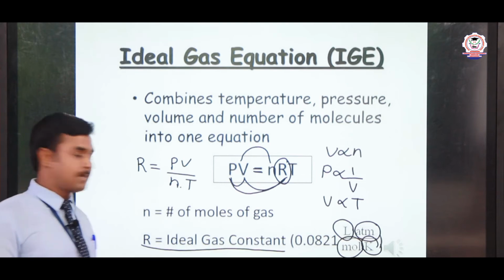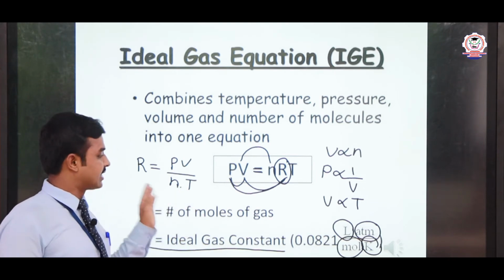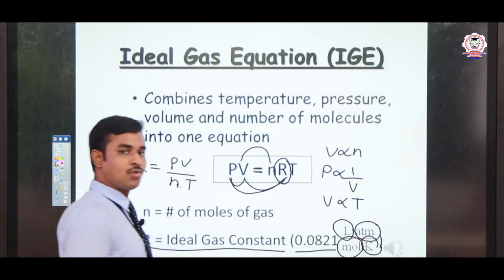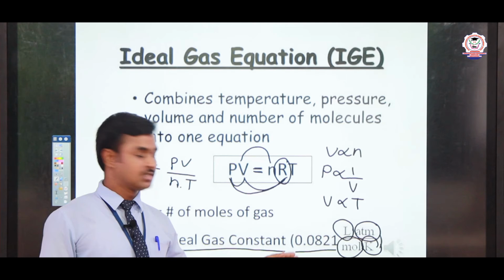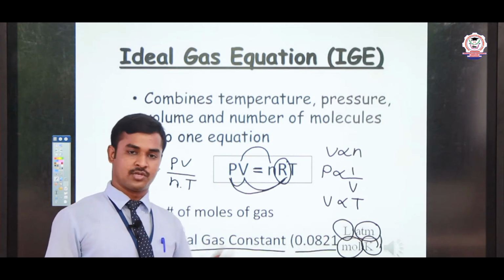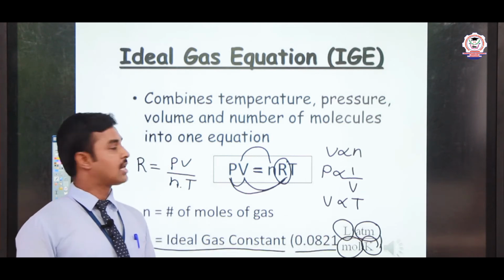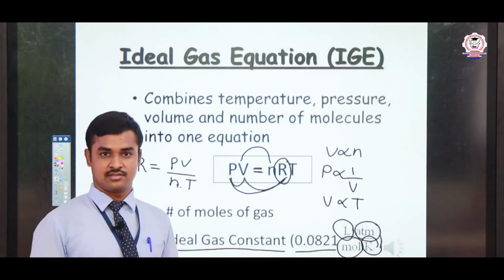When you apply the pressure, volume, number of moles and temperature values, you get the gas constant value as 0.0821. This is the constant value for the universal gas constant. By knowing the ideal gas equation, you can apply it to various gases that obey the gas laws.